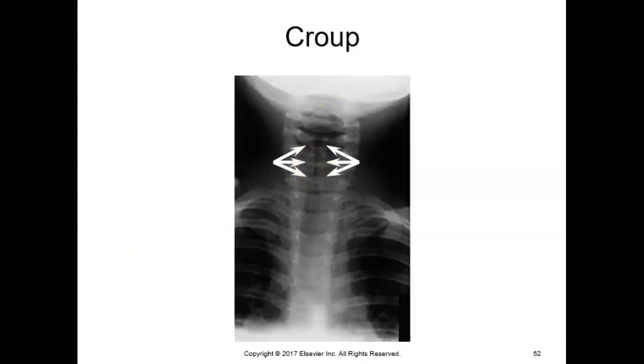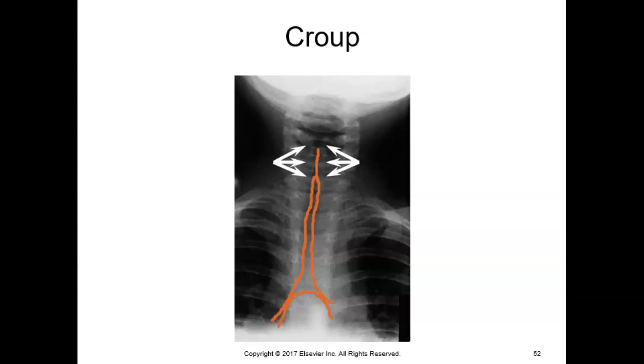If you look very closely, let me draw on top of this here. This is the trachea down here. I'm going to outline it. This is my carina. This is the trachea going up here. And then you see how it really narrows right in that area.